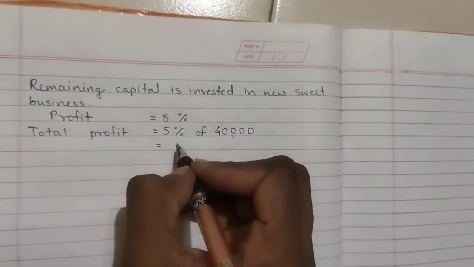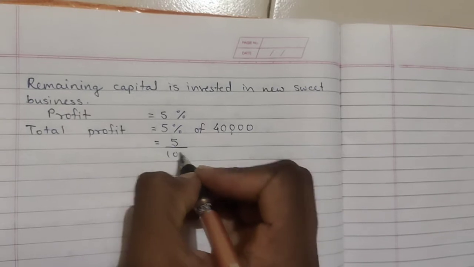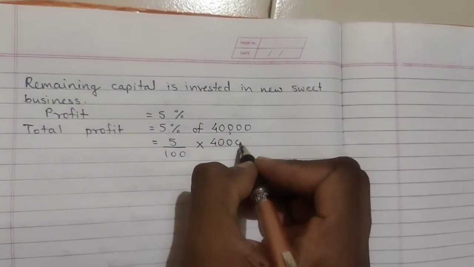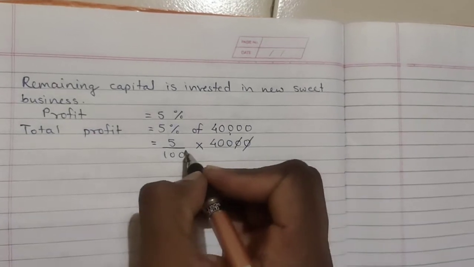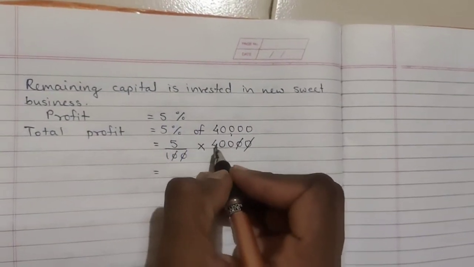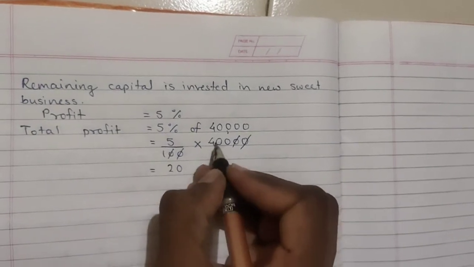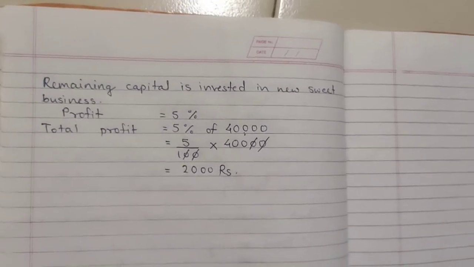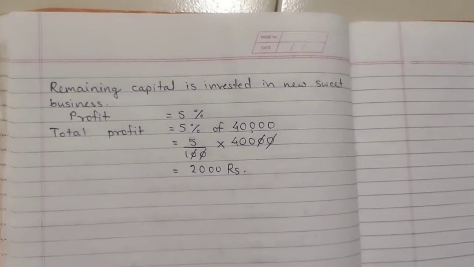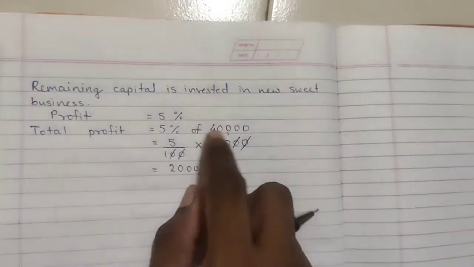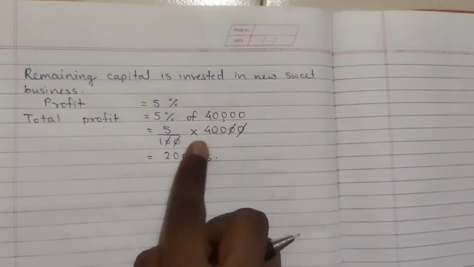So let us calculate this. 5% means 5 upon 100, of means into, then 40,000 is there. 100 cancels with these 2 zeros. Now let us do multiplication. 5 into 4 will give you 20 and 2 more zeros. So how much is the profit? Only 2,000 rupees. Earlier he was having 40,000 rupees, now 2,000 rupees is the profit.